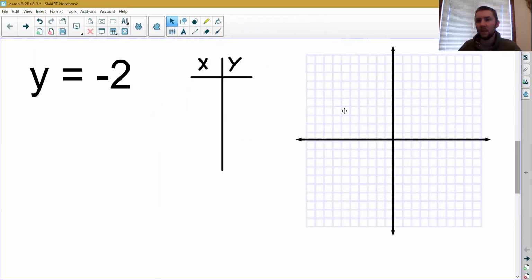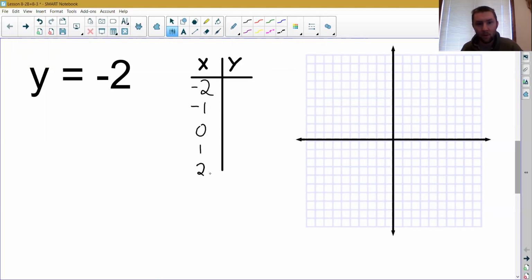What you'll notice here is there is no x variable in the equation, okay? So even when I choose my regular 5 x values, -2, -1, 0, 1, 2, it doesn't matter what my x value is, right? Because what does the equation say about the y value? It says the y value is -2.